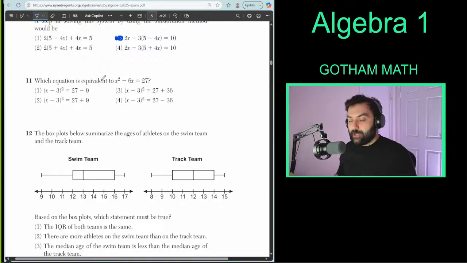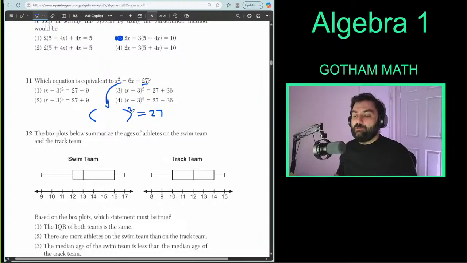It comes from something that's called completing the square. So what you need to do here, instead of this left side, a little bit of knowledge is actually required. You create parentheses, and you always square the parentheses. The right side is the same 27.